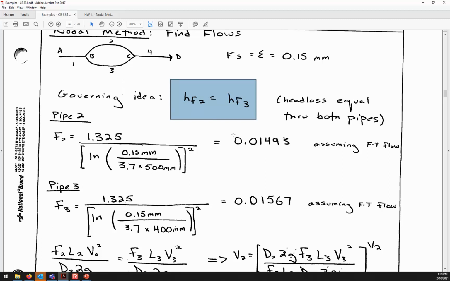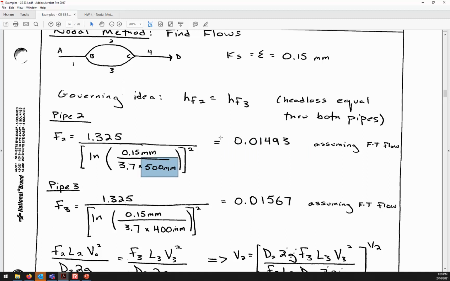But before we get to that, if we apply the fully turbulent flow assumption, meaning we neglect any effect of the Reynolds number, then the F value for pipe 2 is 0.01493, and pipe 3 has an F value of 0.01567. So pipe 2 has less resistance than pipe 3, in part because the diameter is larger.